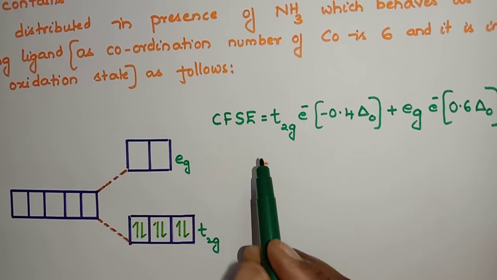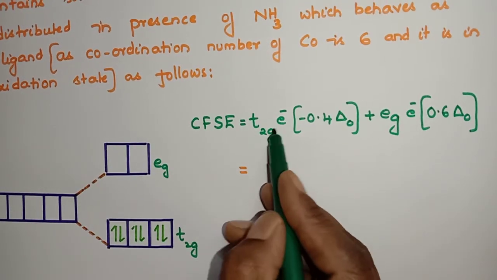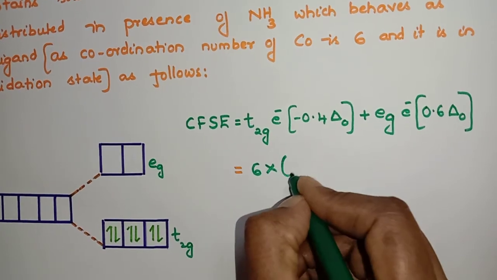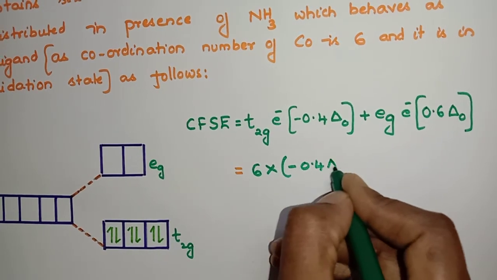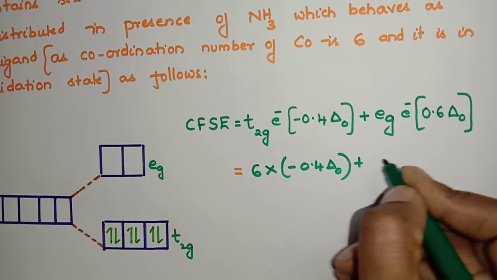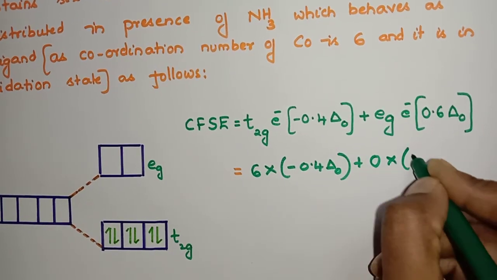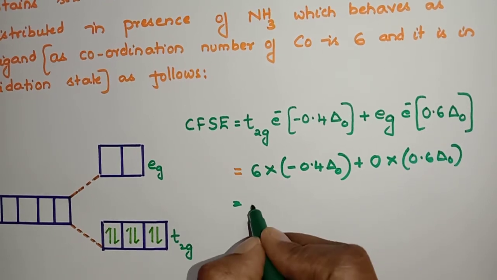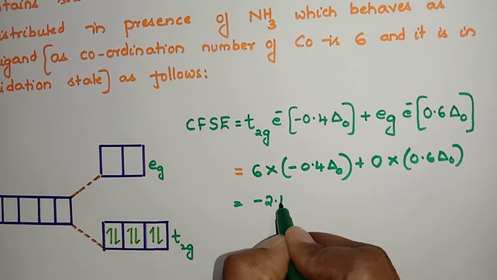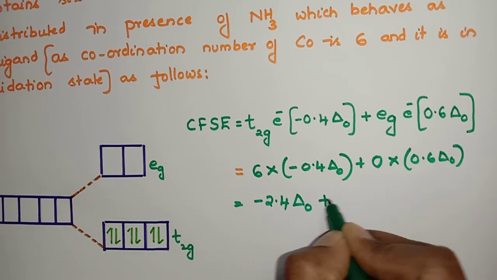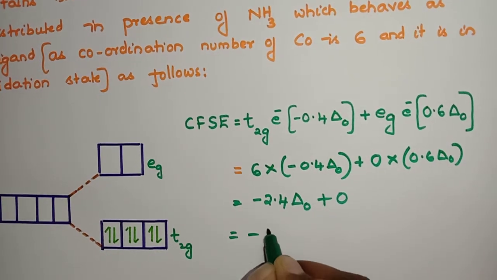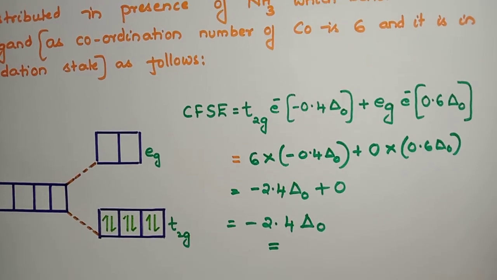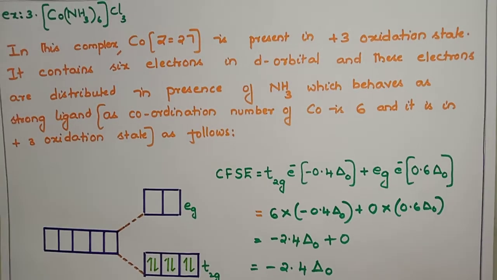For the CFSE calculation: 6 electrons in t2g into −0.4 delta O units plus 0 into 0.6 delta O. So 6 into 0.4 is 2.4, so −2.4 delta O units plus 0, equal to −2.4 delta O units. Understood, students? Am I clear?